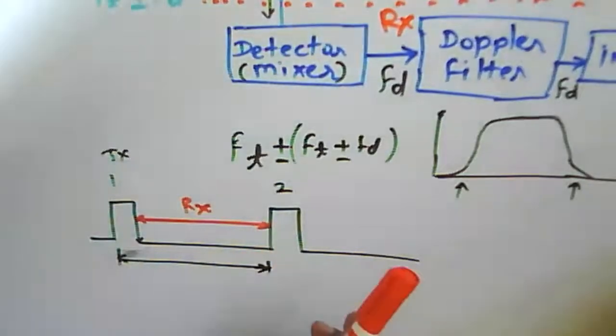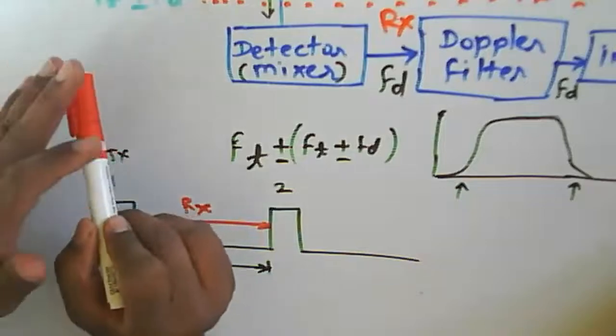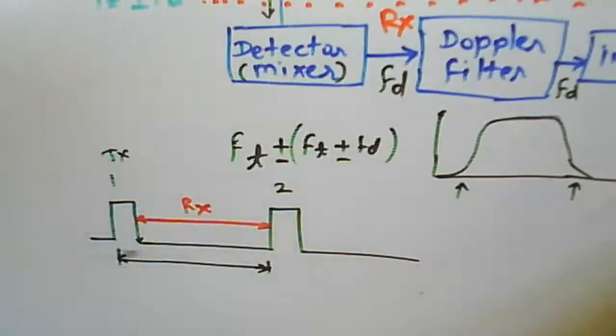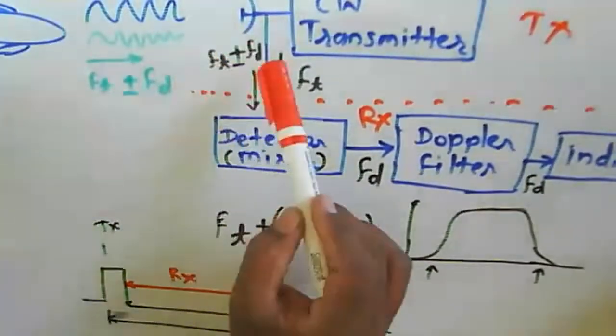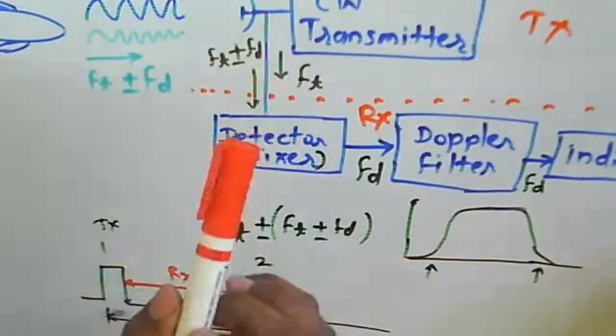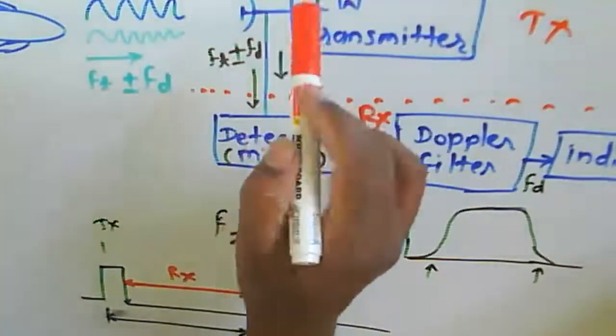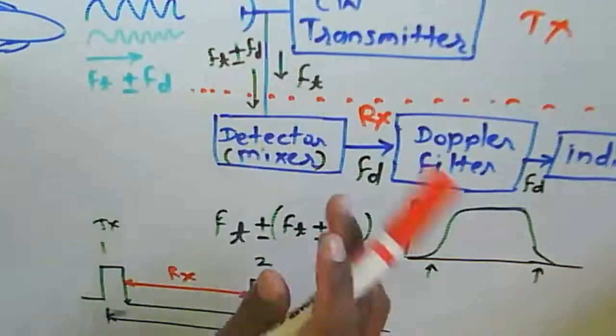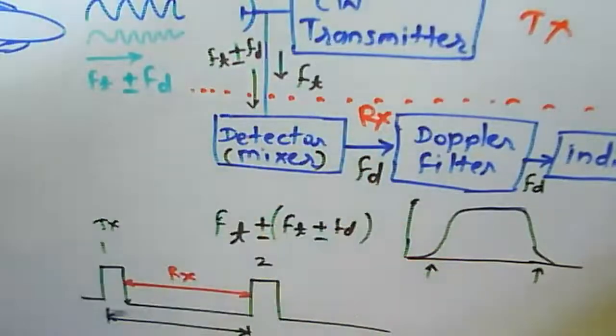That's the limitation of the pulse radar. For the continuous radar, the limitation is keeping the isolation. So to avoid the transmitted signal reaching the detector and damaging it, isolation is used.